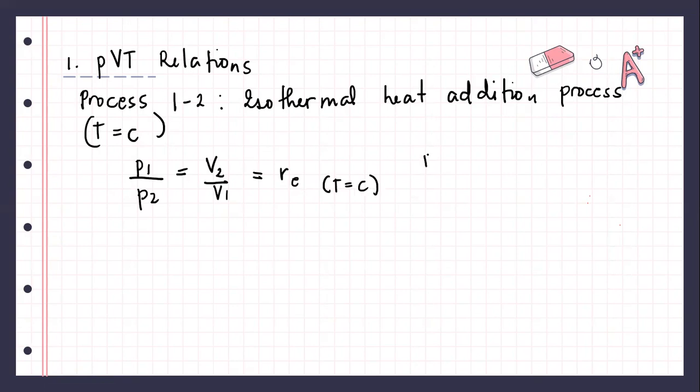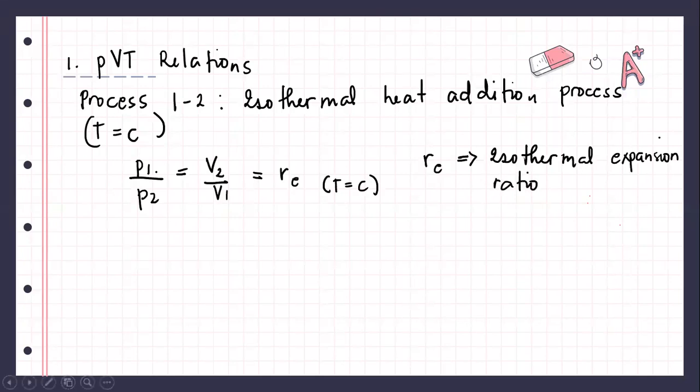Okay, RE is known as the isothermal expansion ratio. Okay, pressure here should be under the absolute pressure. P1 over P2 is equal to V2 over V1, which is equal to RE, which is the isothermal expansion ratio.